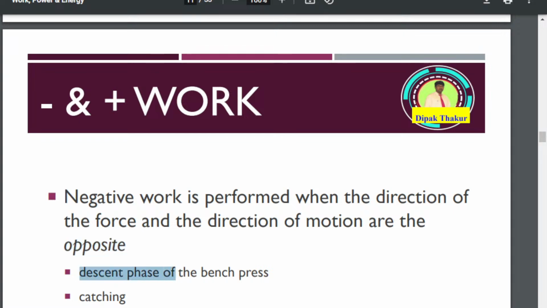We discussed this for the descent phase of the bench press. Similarly, when you are catching a ball, you apply force upward while the ball is coming downward. When someone is landing, the force is applied there, but he is going to stop.